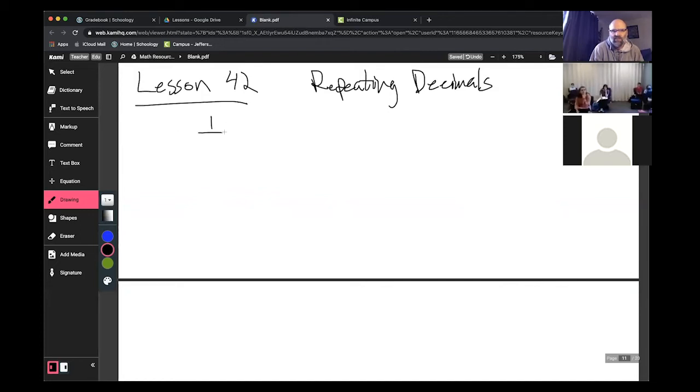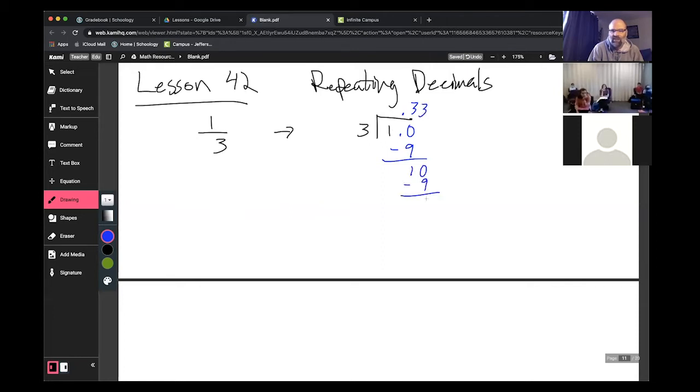If I wanted to convert 1/3 to a decimal, how do you convert fractions to decimals? You just divide the top number by the bottom number. And 3 doesn't go into 1, so you add a decimal and a 0. 3 goes into 10 3 times. Subtract, multiply, subtract, bring down another 0. 3 goes into 10 3 times.